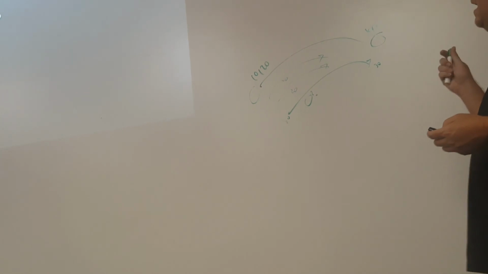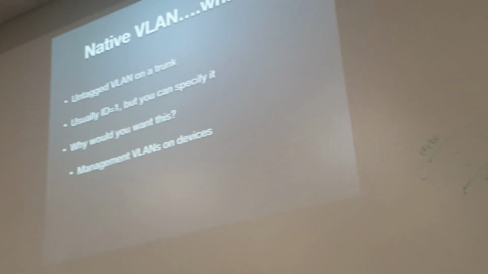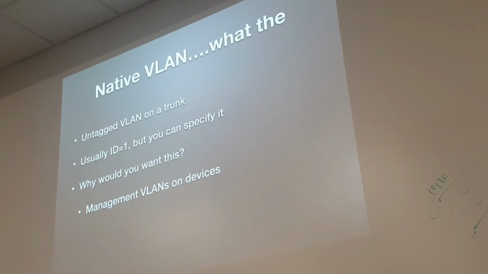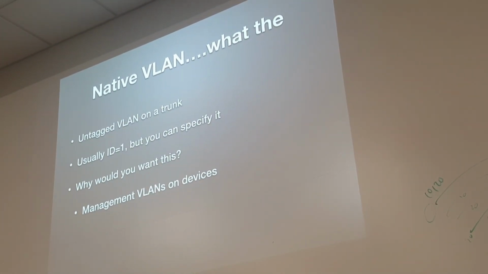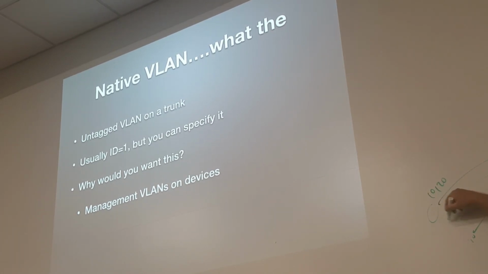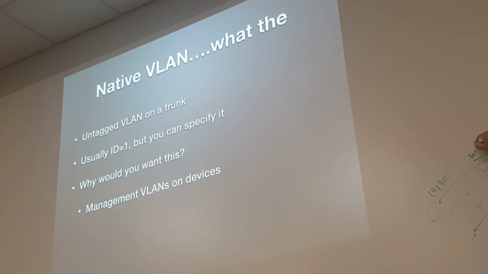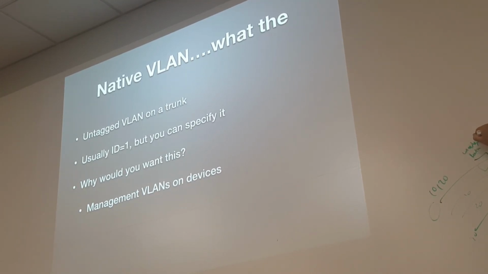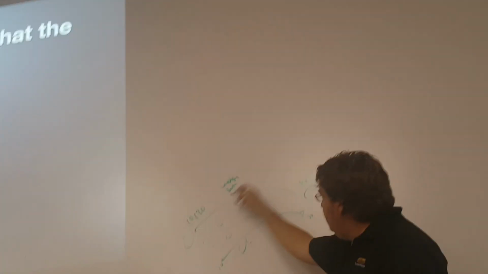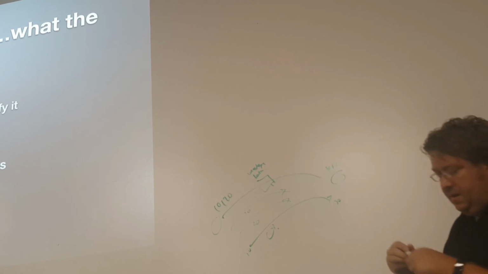The reason you want to do that is management VLANs on devices. Some devices will pass VLANs just fine, but they don't have management capabilities on VLAN tagging. So if I want to reach my switch here, or let's say I have a bridge here, there's a router. He'll pass stuff through just fine, but if I want to manage him, I have to put him on a native VLAN.